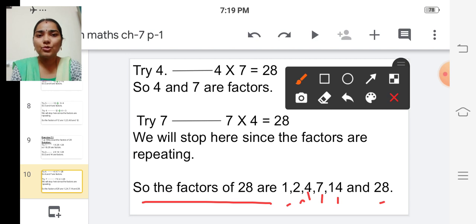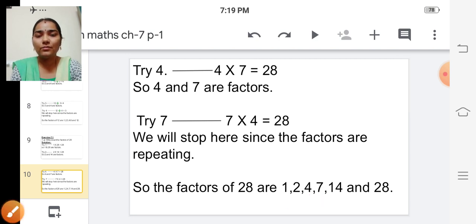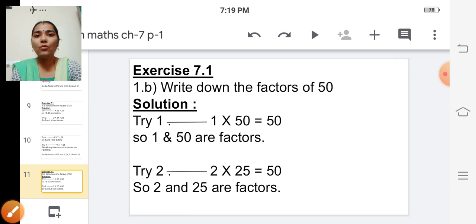Yes. So we will do one more problem. Okay, 1B, exercise 7.1, first question, B problem. Write down the factors of 50. By multiplication we can do.